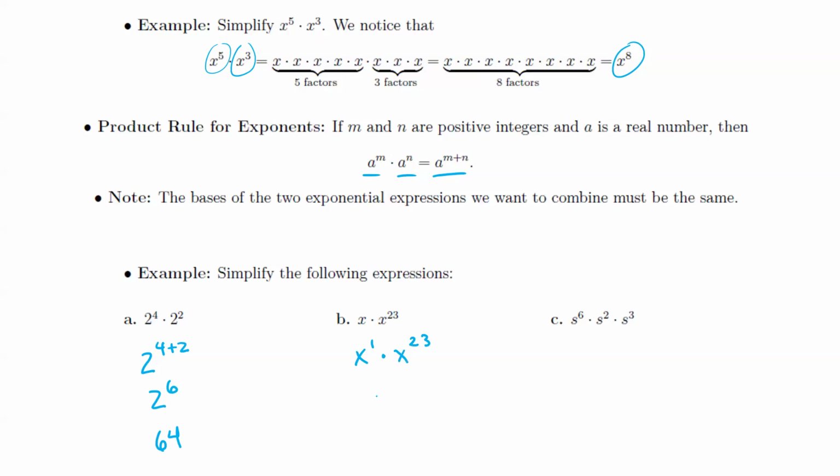So x to the first times x to the 23rd is x to the 1 plus 23. So x to the 24th. And then even though the rule isn't written out to encompass 3 different factors multiplied together that have the same base, it doesn't take a huge leap of logic to say, well, you know what? Probably I can go ahead and just add up all the exponents. So s to the 11th power is how I would simplify that.